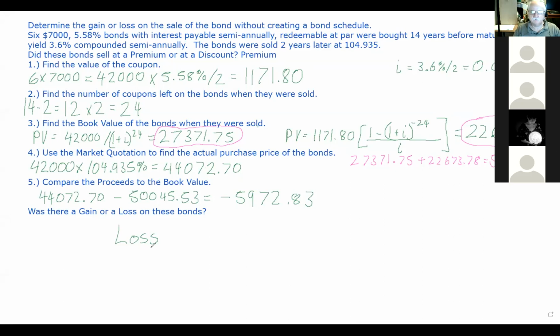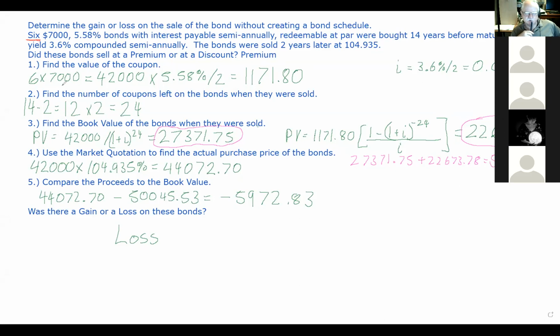Excuse me, sir. Yes. In the first part, why would we multiply 7,000 by 6? Why did we have to do that? Yes, sir. Because they've told us there are 6 of these bonds, and they expect you to treat the whole thing as one big package.